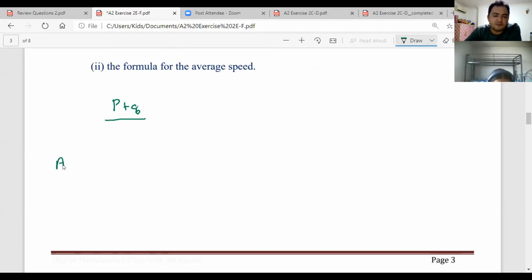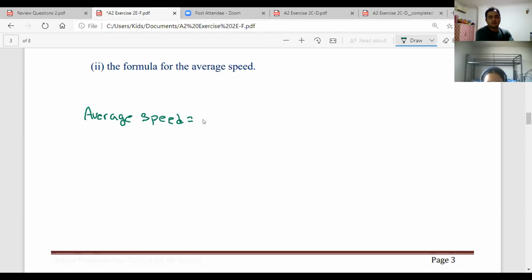First, delete that P plus Q. Okay, so average speed equals total distance traveled over total time taken.